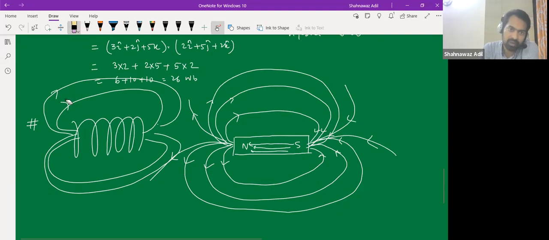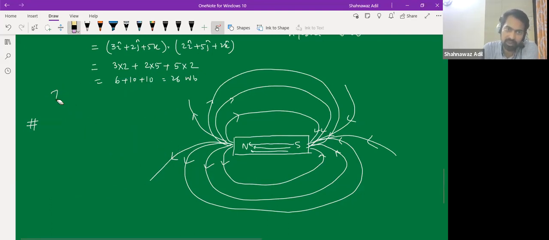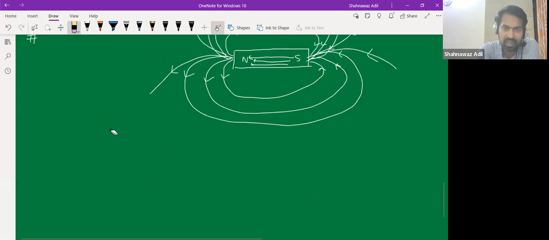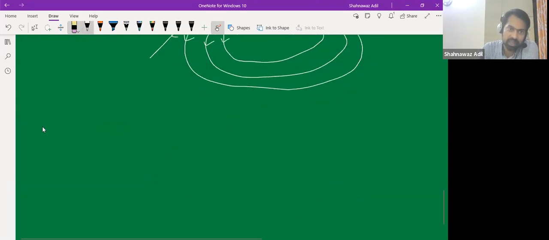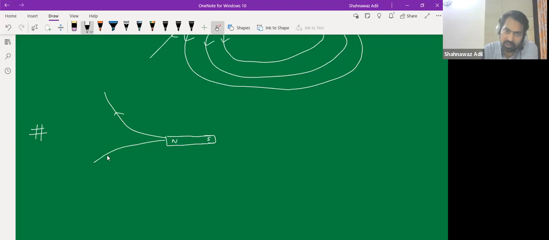Now, time is over. The two people studied what happens when you move this bar magnet. So we have this bar magnet, north and south, and the field lines are going. You place a coil adjacent to it, and it is connected with some galvanometer.